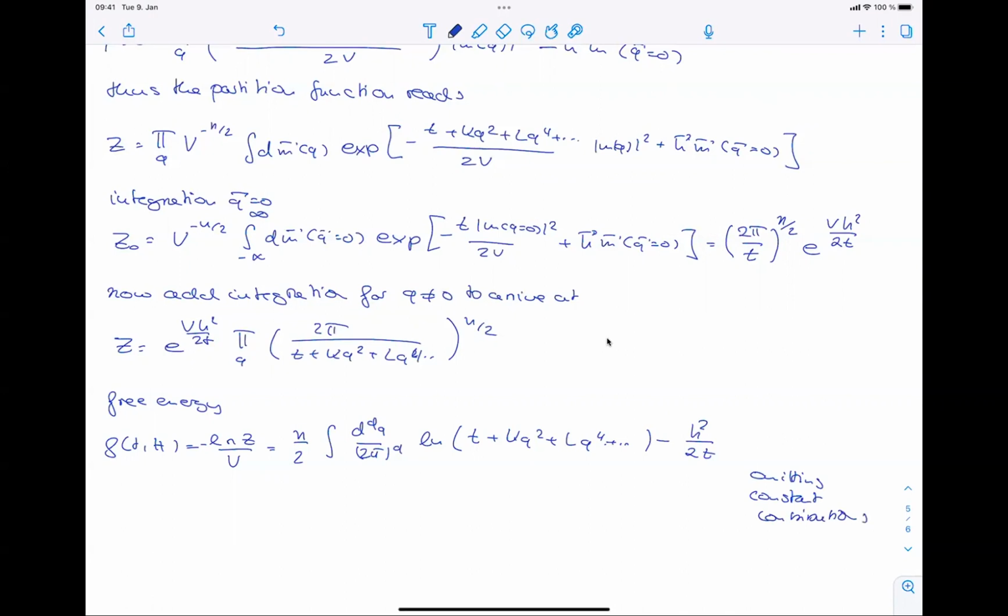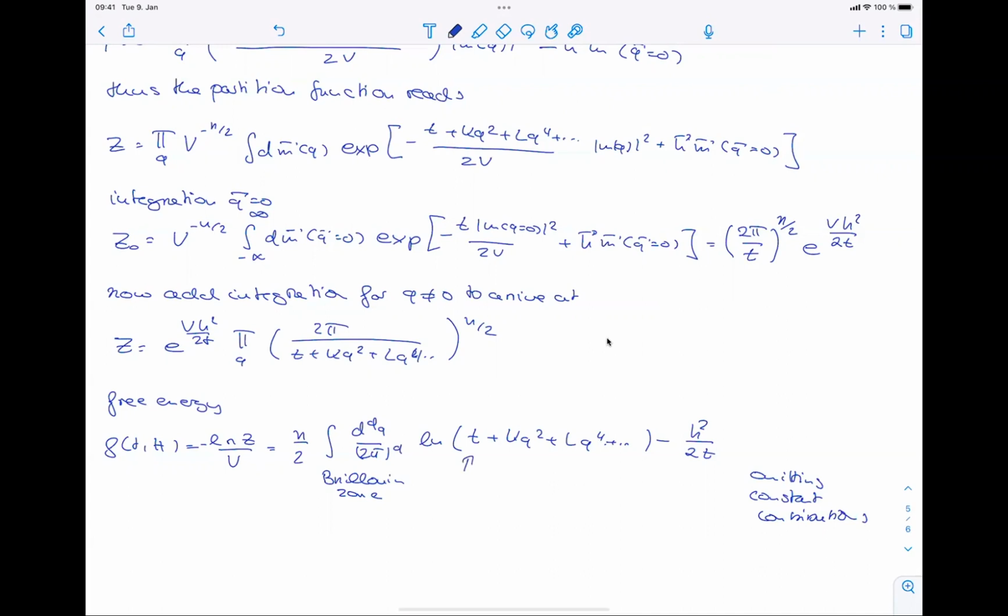Okay, so what we're doing here is we're integrating out over all wave vectors Q, which means that we're here summing over the Brillouin zone of the system, and the question is which parts of this integral are dominating most the free energy here.